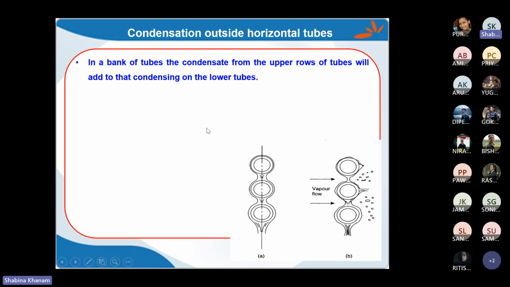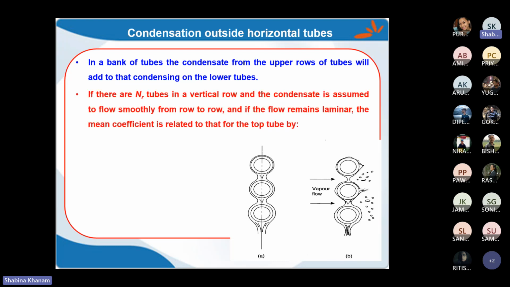So in a bank of tubes, the condensate from the upper rows of tubes will add to that condensing on the lower tubes. As we proceed down, the condensate will keep on joining the condensate available on the lower tubes.